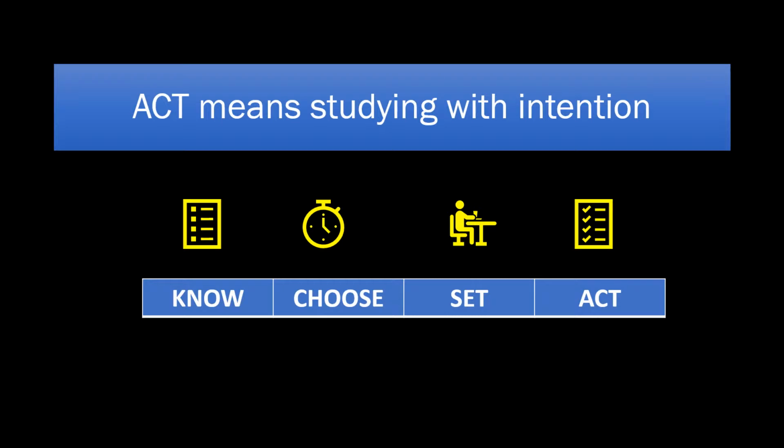Then in step 3, we mimic the environment in such a way that we are able to study well. That is the environment we are most suited with. And now we are going to take the list and act on it. This is now the acting time.